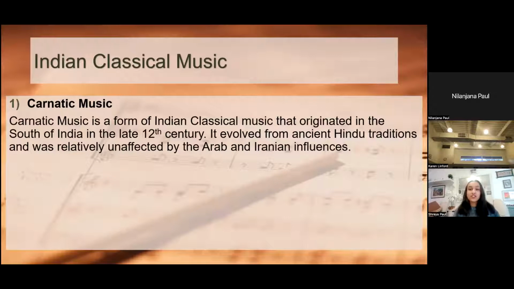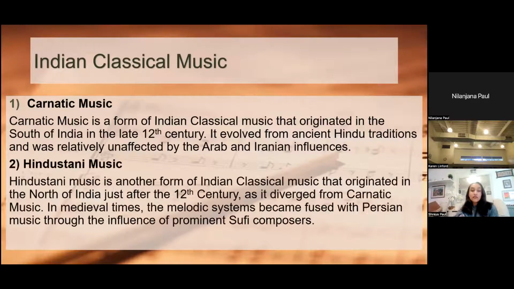It evolved from ancient Hindu traditions and was relatively unaffected by the Arab and Iranian influences that came a bit later. Hindustani music is another form of Indian classical music. This originated in the north of India, just after the 12th century, as it diverged from Carnatic music. In medieval times, the melodic systems became fused with Persian music through the influence of prominent Sufi composers.